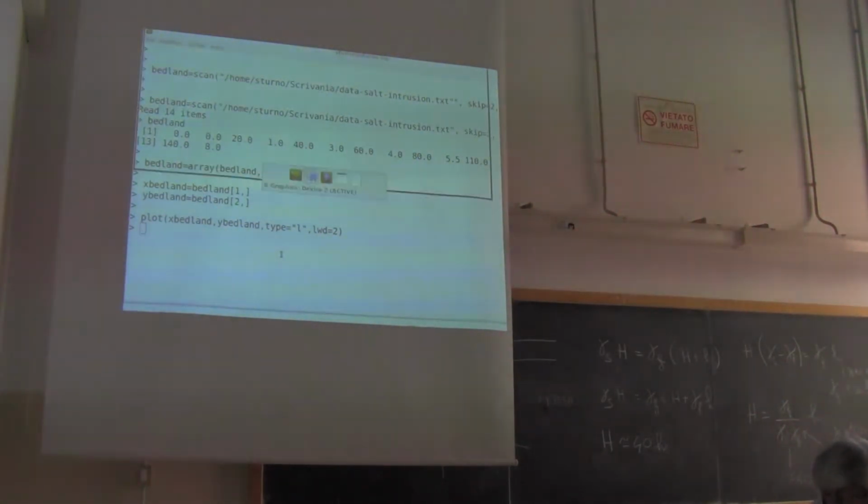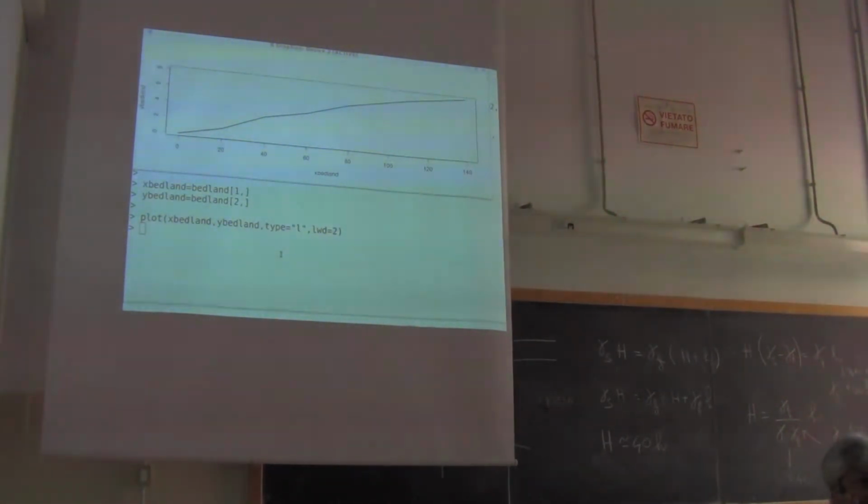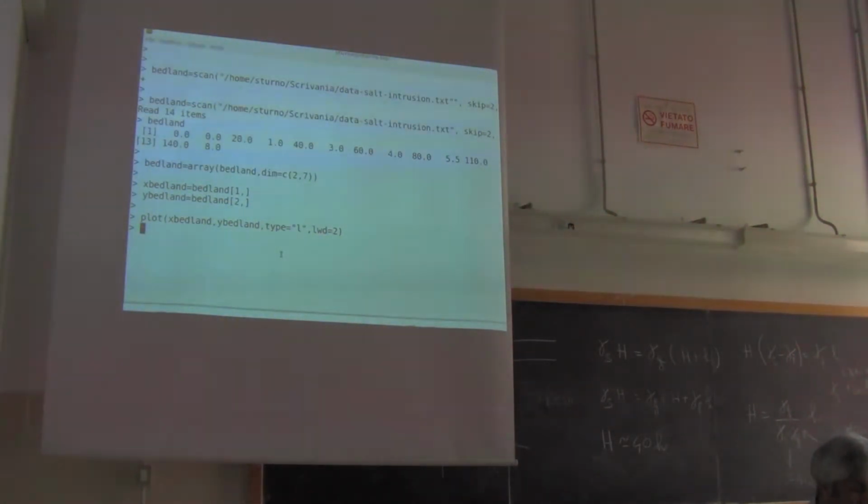Now let me put the sea level here. In order to put the sea level, what we should do is to put a line, and we need to give the x and y of this line.